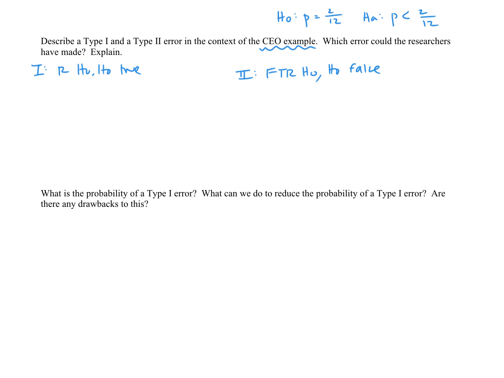Okay, so we have to write this in context, though. Rejecting the null means we find evidence for the alternative.